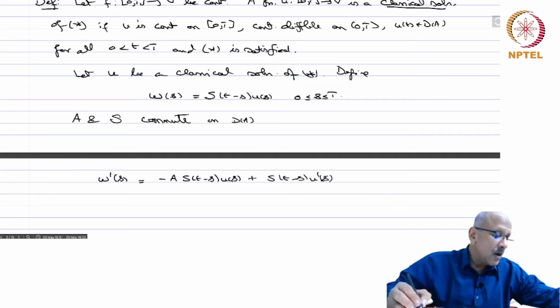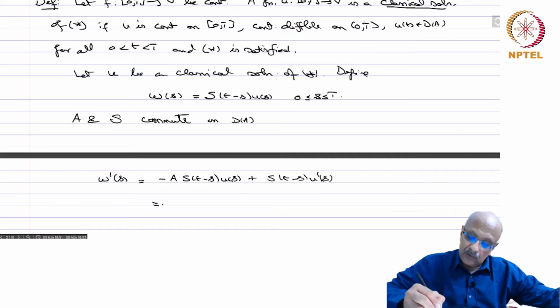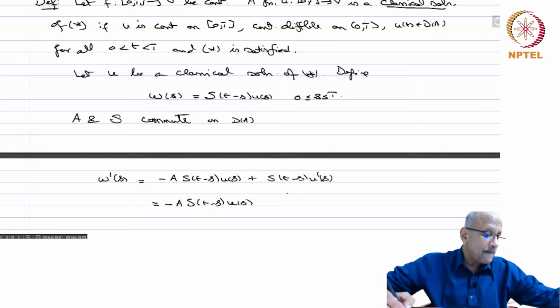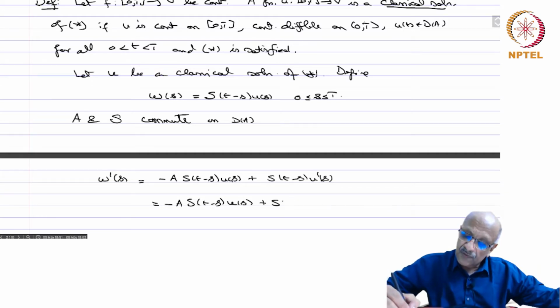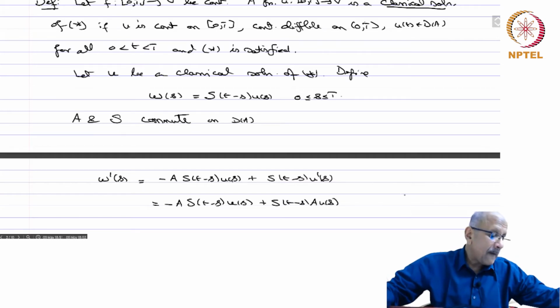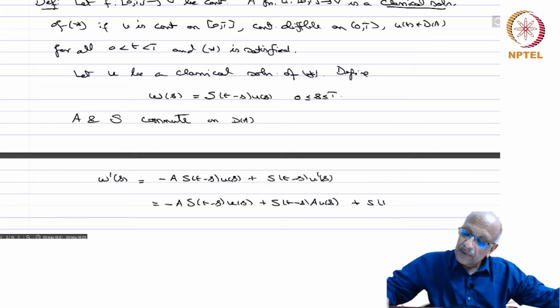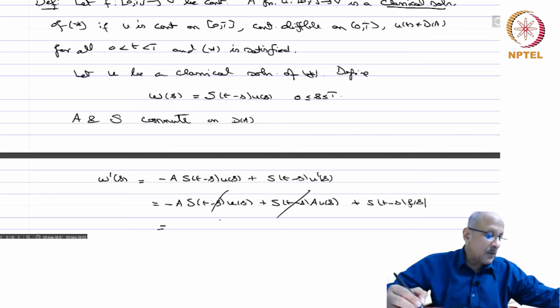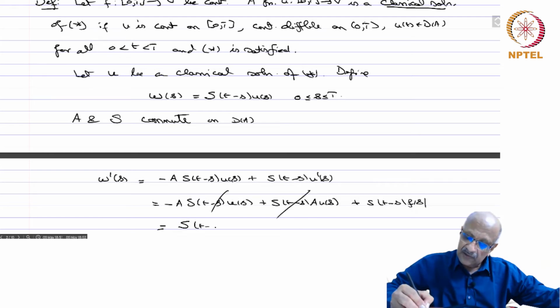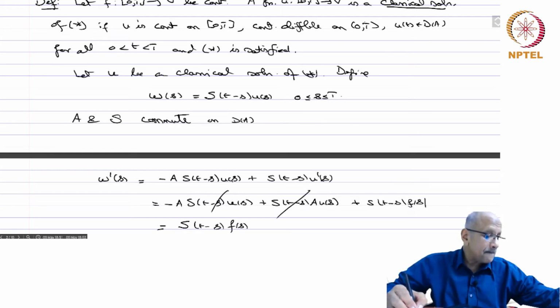I have just used the product rule. That is equal to minus A S(t-s) u(s), and what is u'(s)? We substitute for it. So, plus S(t-s) A u(s) plus S(t-s) f(s). These two will get cancelled because of the commutativity. So, that will give you S(t-s) f(s).